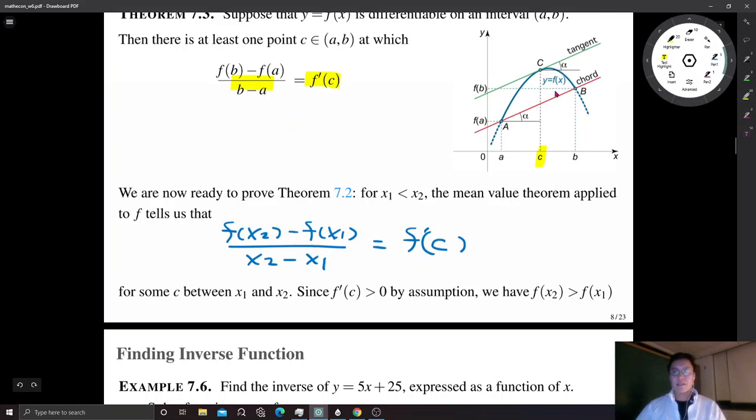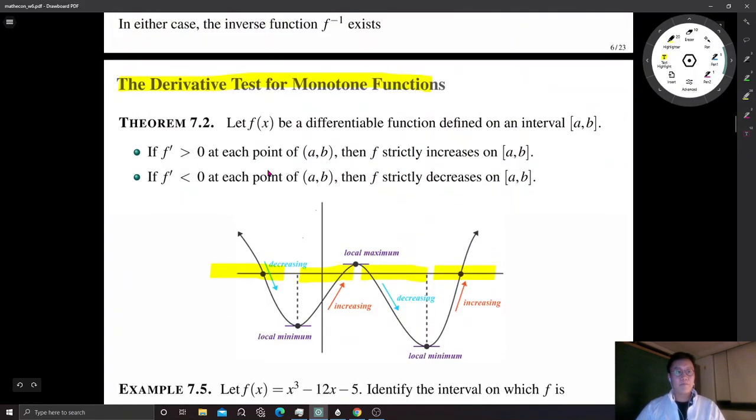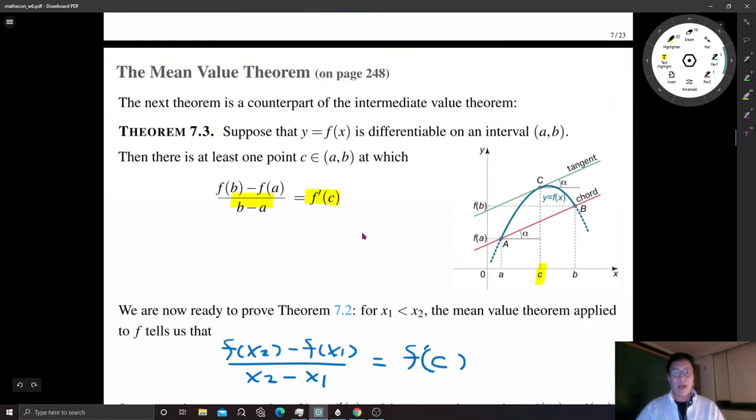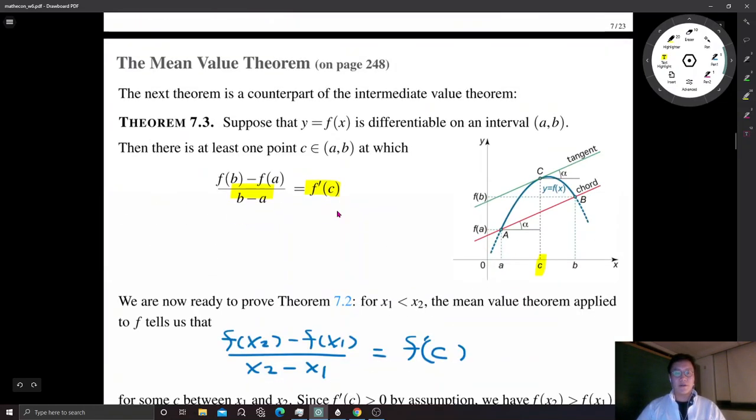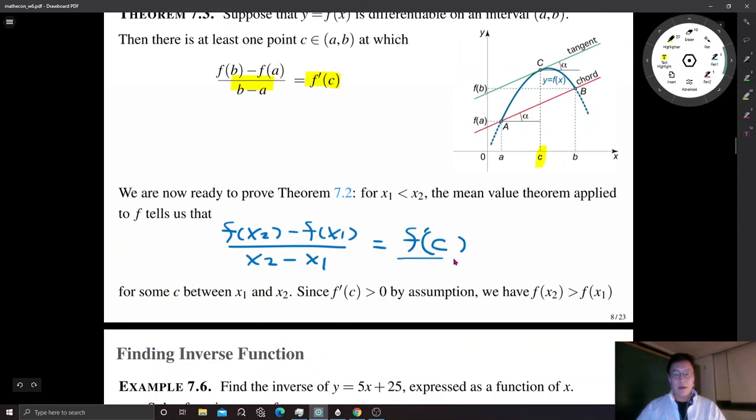And suppose that f prime is positive at each point of the interval between x1 and x2. So this is positive.